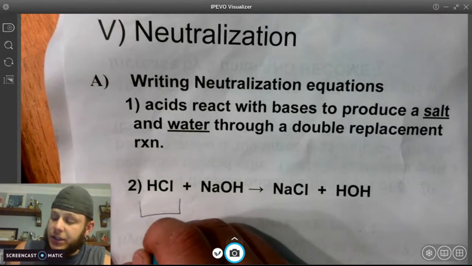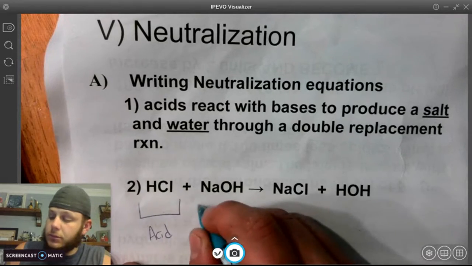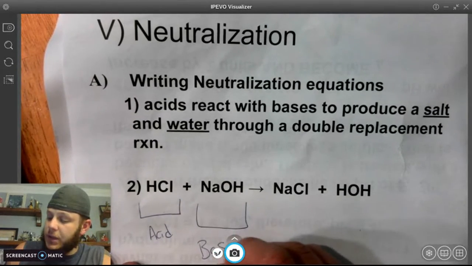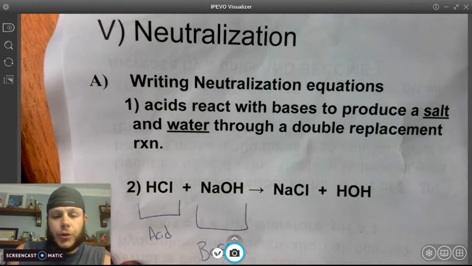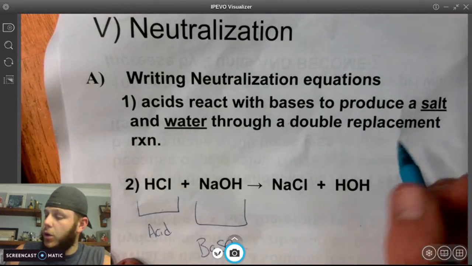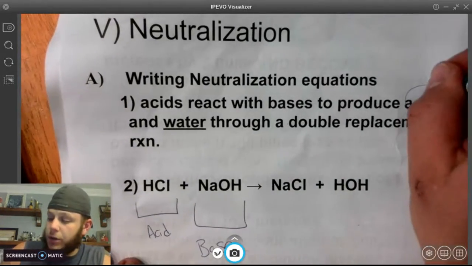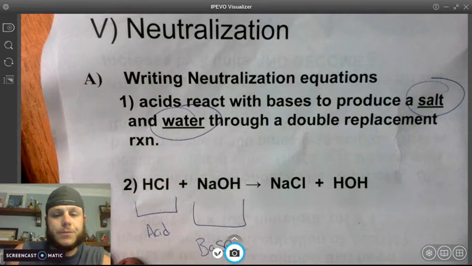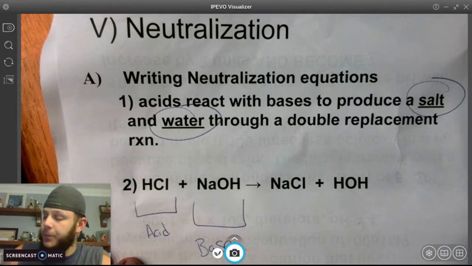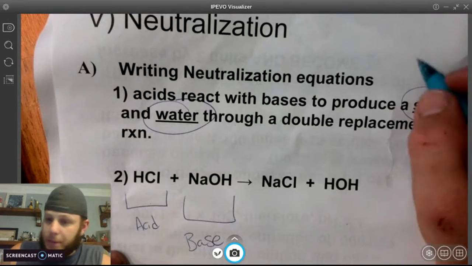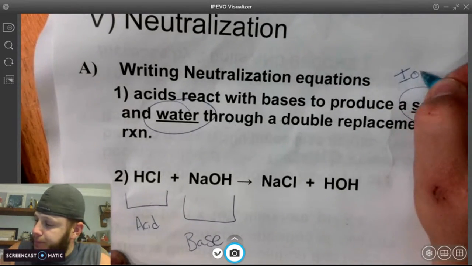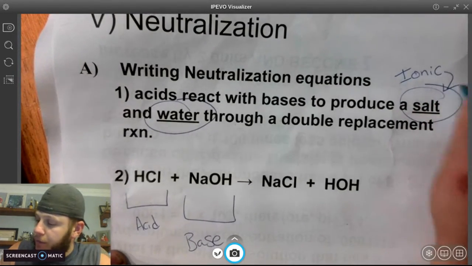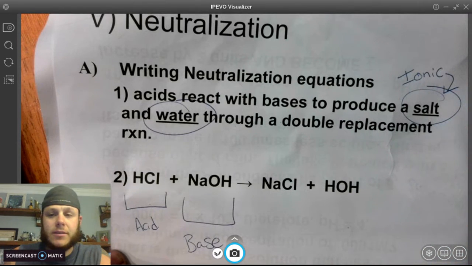But HCl is an acid, and NaOH is a base. So, the products that you are always going to get are some salt and water. Neutralization creates salt and water. If you remember from way back in the beginning of the year, another word for something that's a salt is an ionic bond.